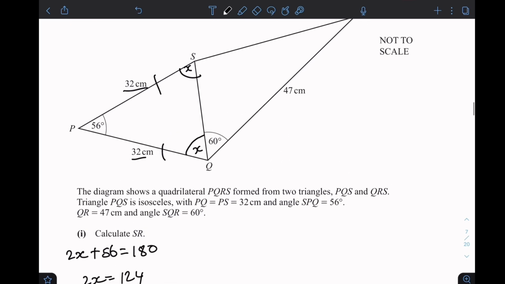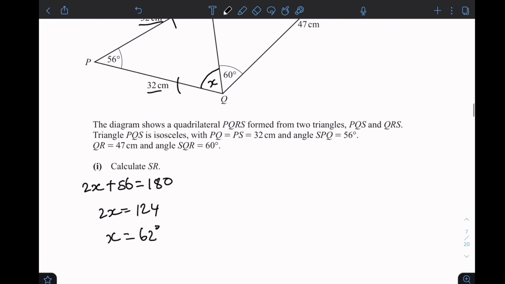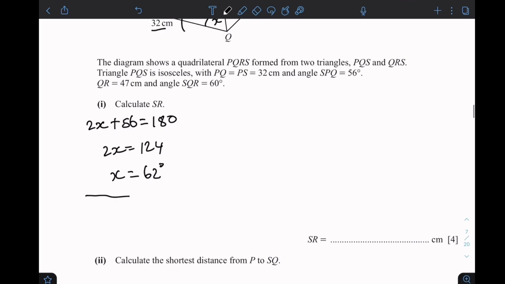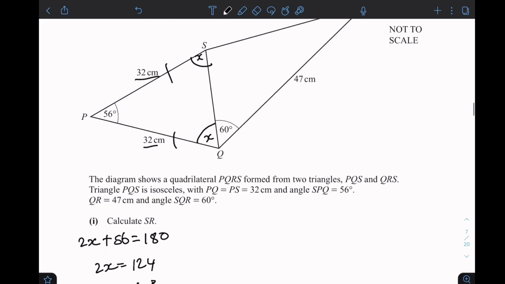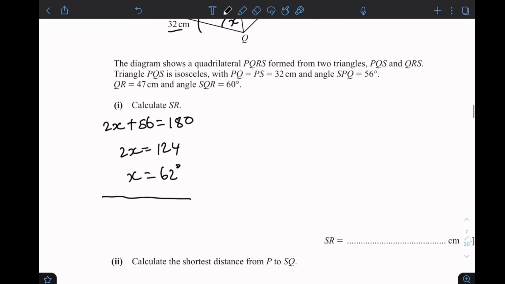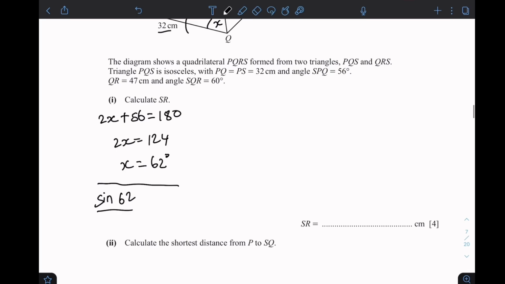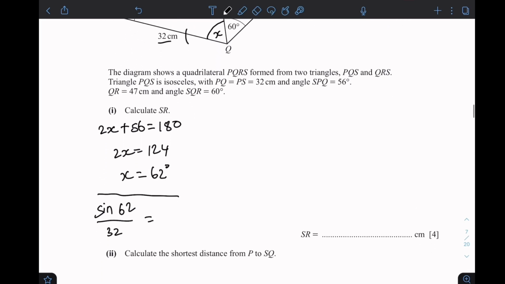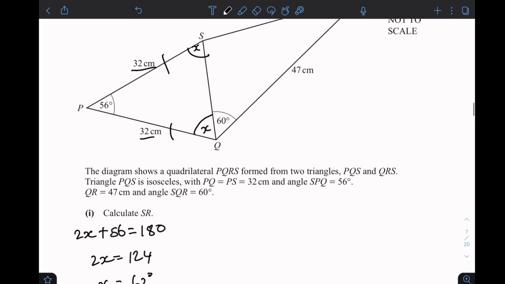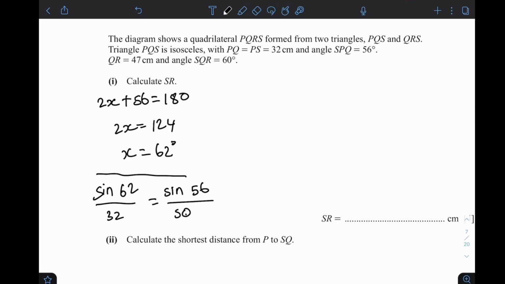Once you get that, you can use sine rule to figure out QS. So you do sine 62 divided by 32 is equal to sine 56 divided by SQ.